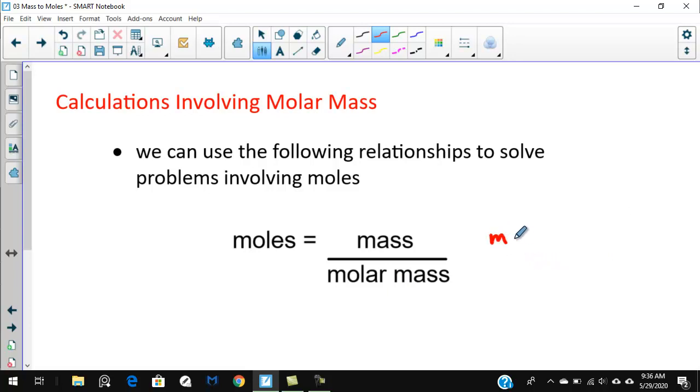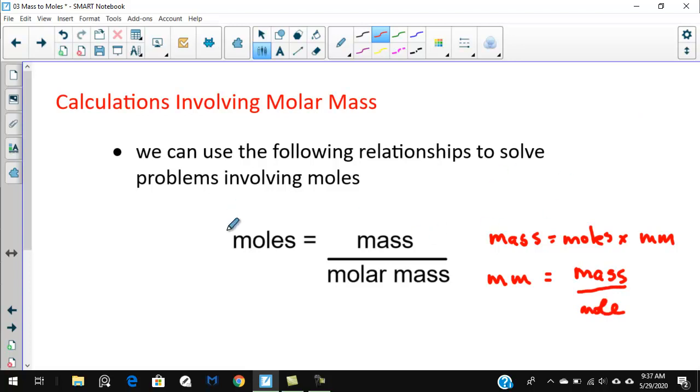If we use the triangle, we will see that mass is equal to moles times molar mass. And if we want molar mass, you would take mass and divide it by the number of moles.